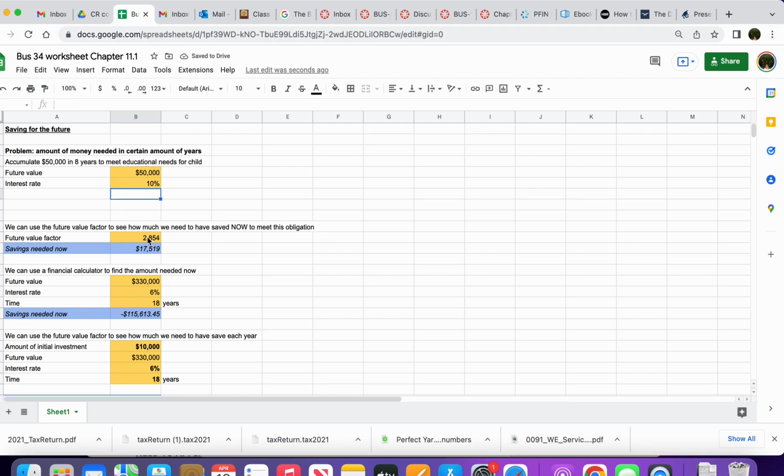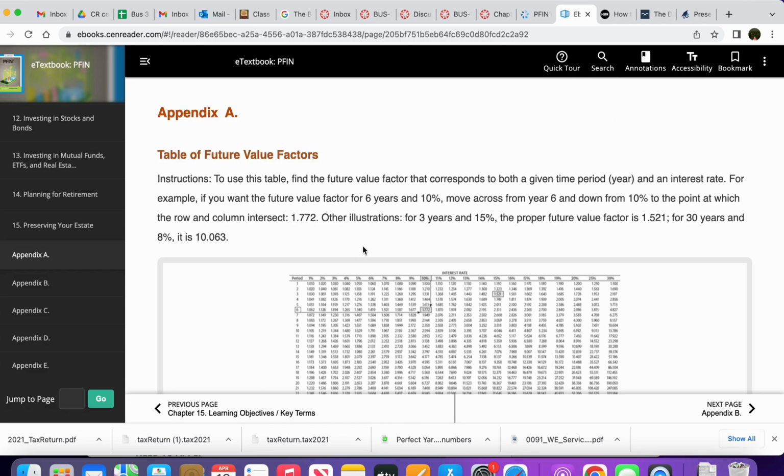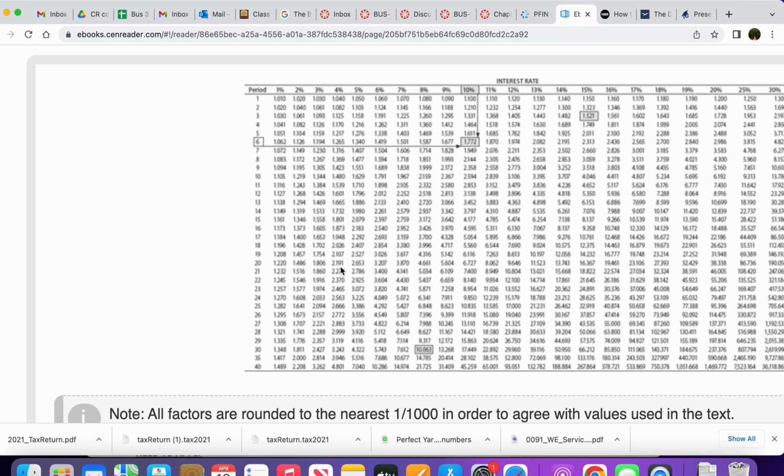If I wanted to use the future value factor, I would have to take a look at the future value factor for an amount of money in 8 years at 10%. So I would go into my appendices, into the future value table factors.